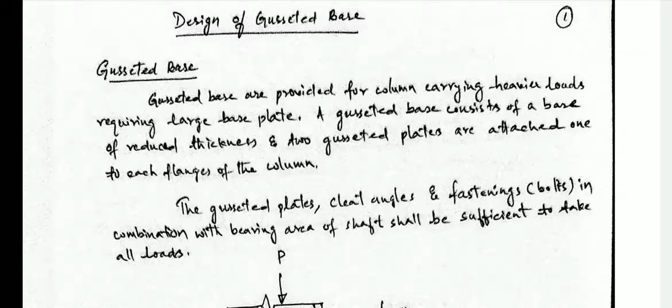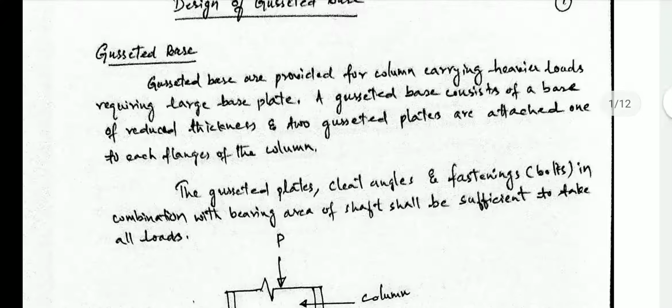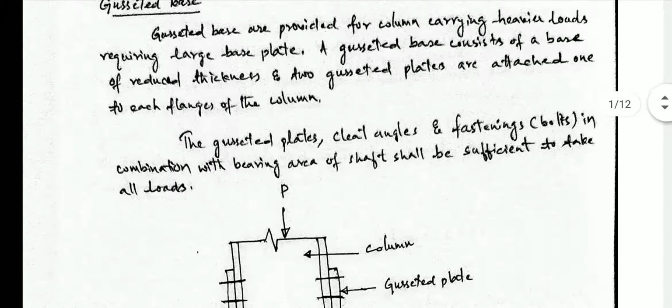Now, why do we say gusset plate? Because the column may be a single column or a built-up column. A built-up column may consist of an I section with cover plates or without cover plates. In most of the problems in your question papers, they are given with cover plates.